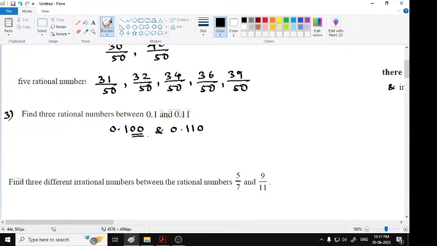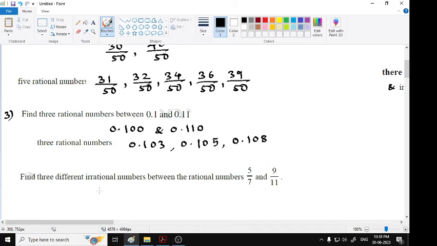Now, from 0 to 10, any digits after 1 will give us the required rational numbers between the given rational numbers. This can be 0.103, 0.105, 0.108.